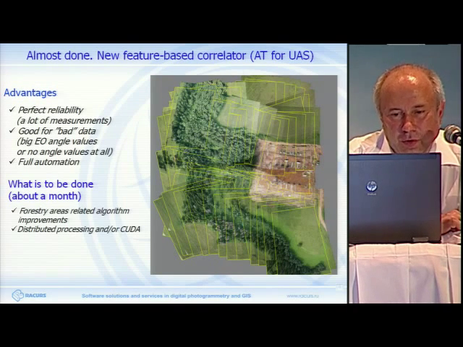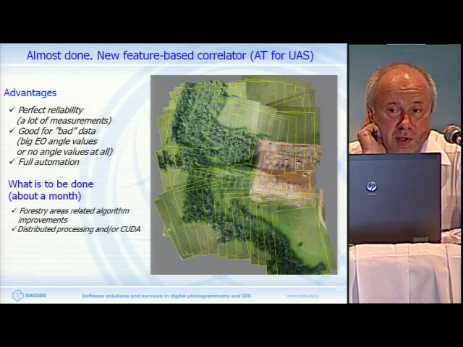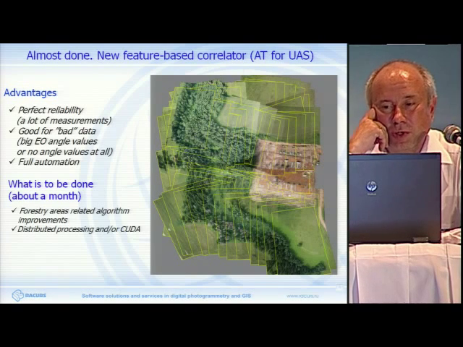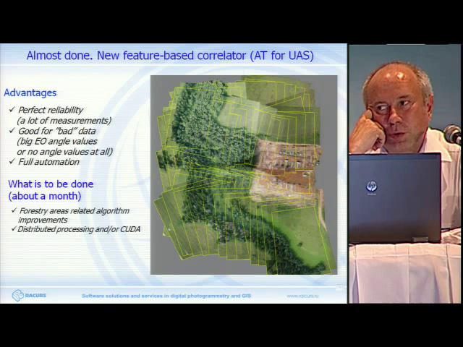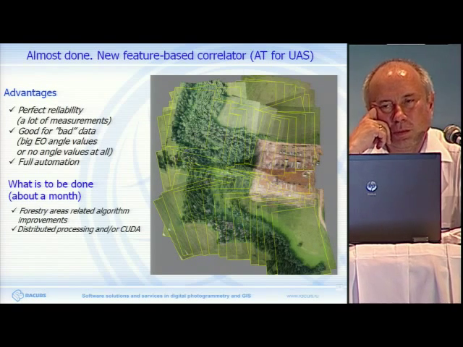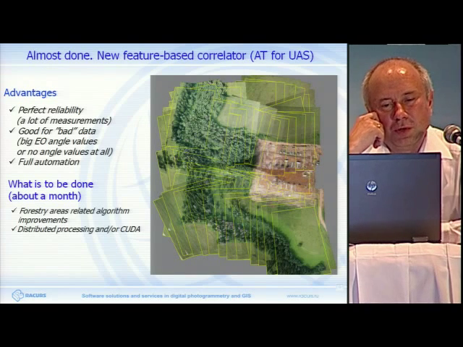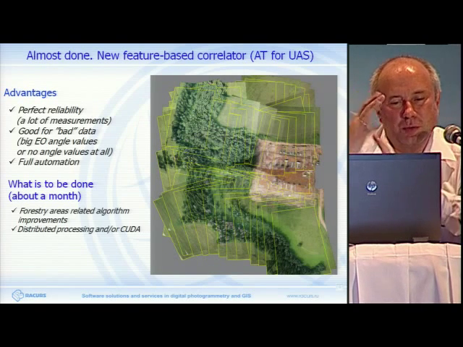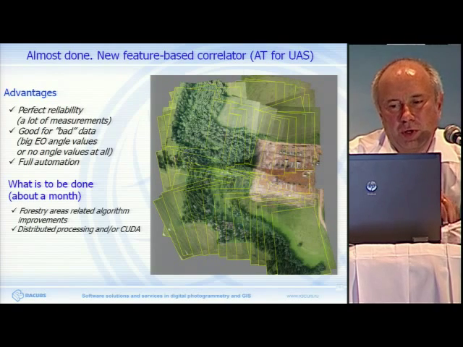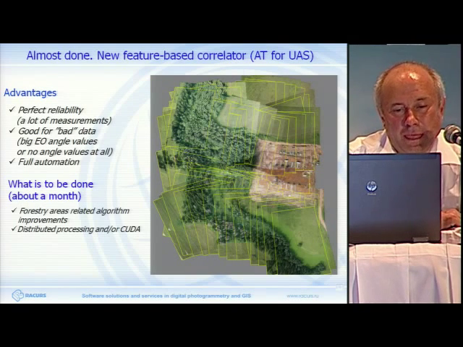Now let's look at what is coming, what's in the testing stages. First of all, we have done another version of feature-based correlator. Again, it's going to be used for UAS. First of all, for bad survey situations where you have bad angles and the lighting is not right, it can come in handy.